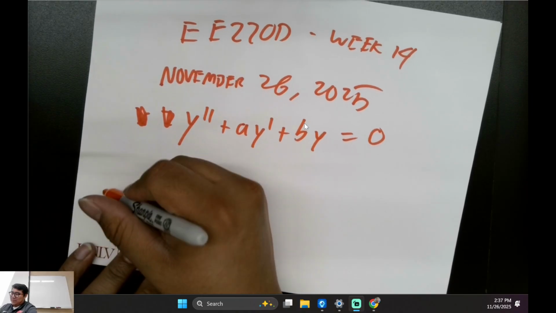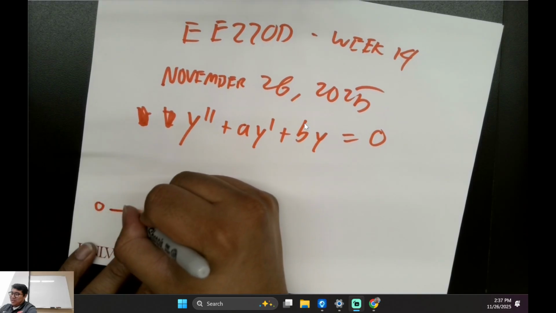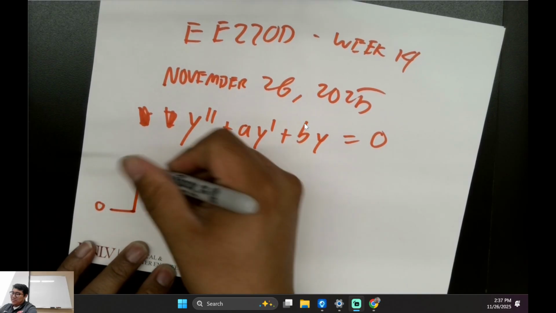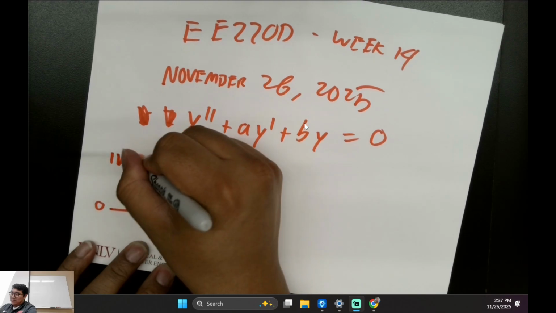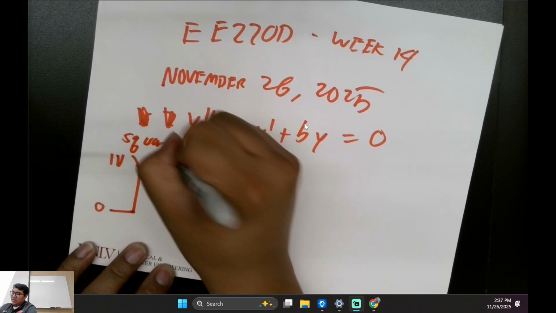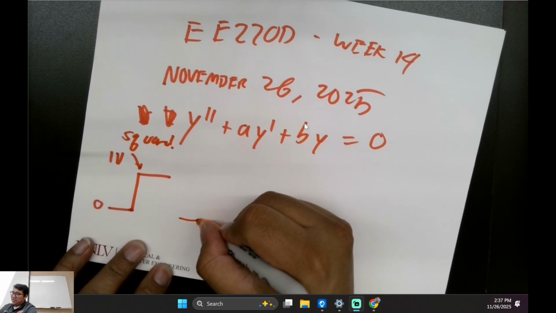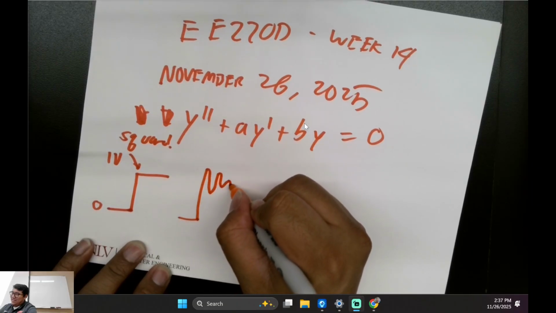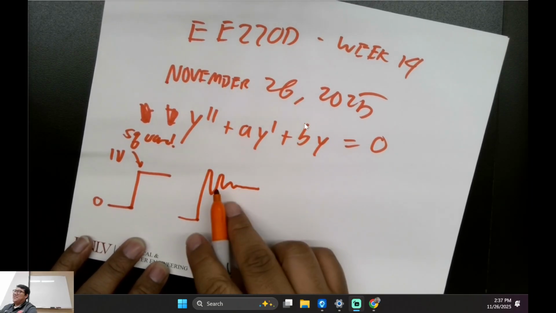What do I mean by ringing? If I have a step response, here is 0 volts, and ideally you'd want 1 volt, a straight square. But sometimes your microcontroller gives you these ringing things right here.